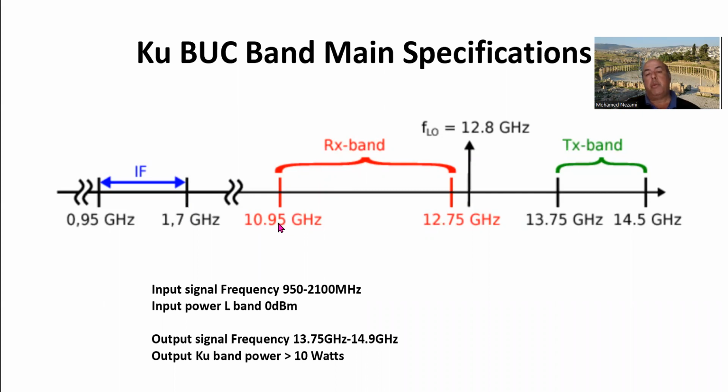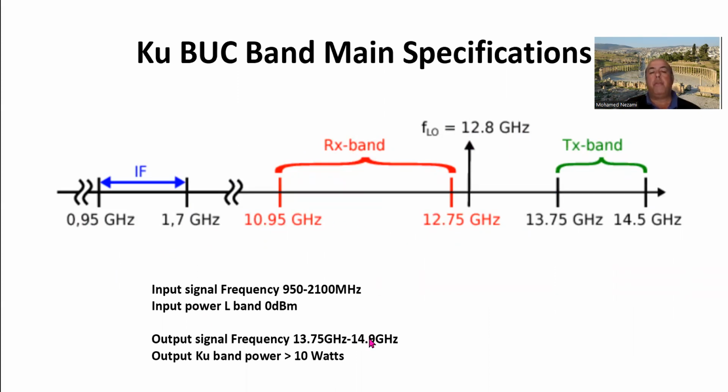For the LNB, it's from 10.95, so close to 11 gigahertz, to like 13 gigahertz. And then 13 to 14 is the TX, okay? So here's the BUC, here's the LNB, that's the receive side, transmit side. The local oscillator for the BUC is usually 12.8, okay? And of course, the IF is 950 megahertz to 1700.